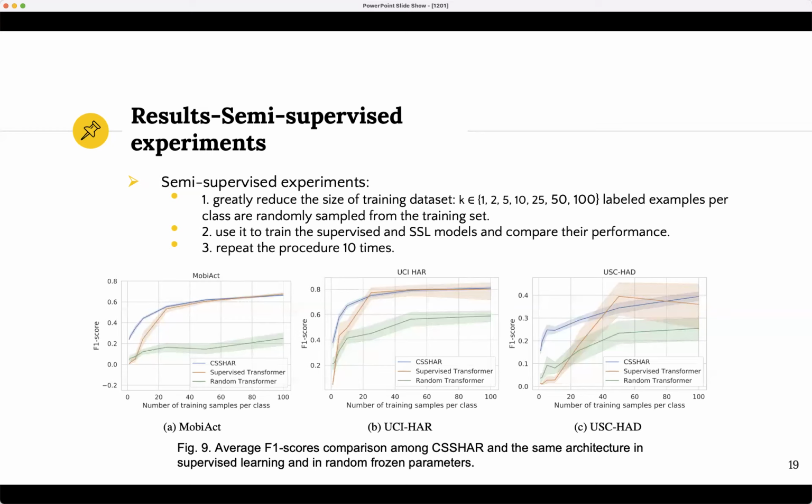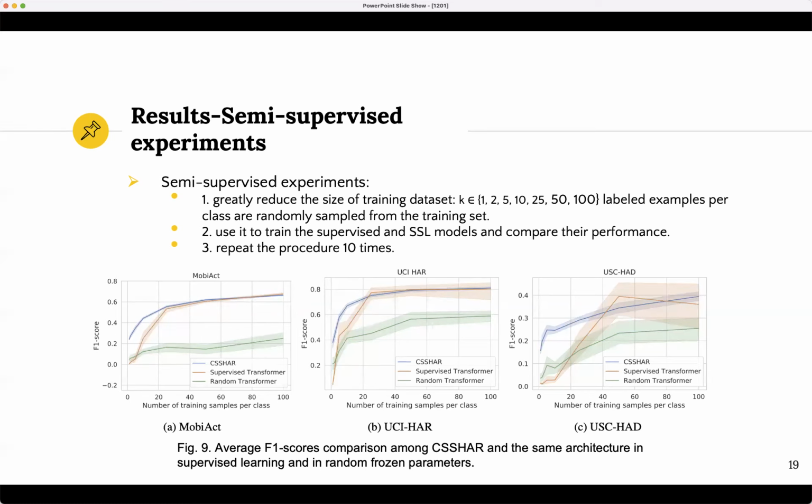minimal variation between different experiments, and also unlike the CSS HAR, the supervised transformer model completely fails when only very limited data, like K less than 10, is available.